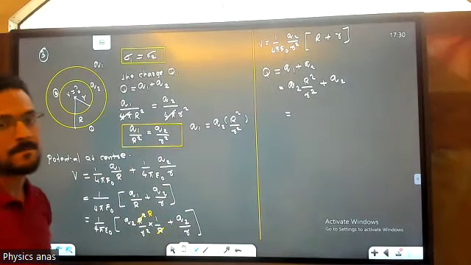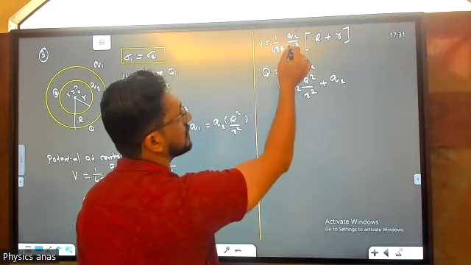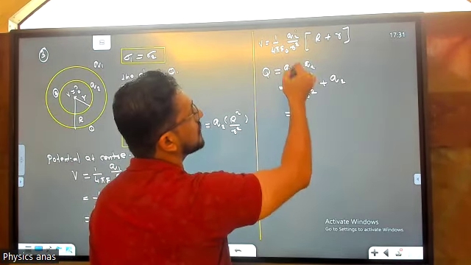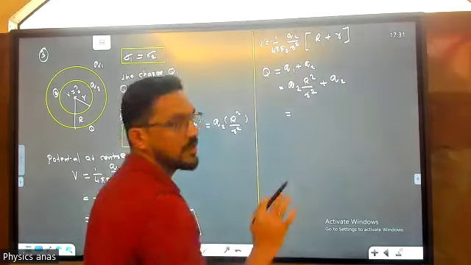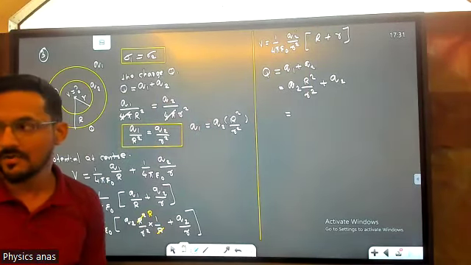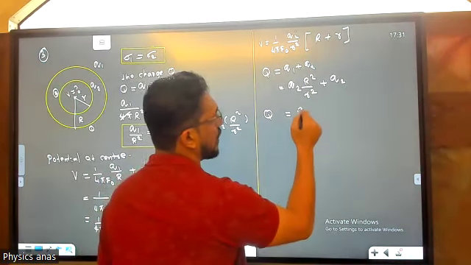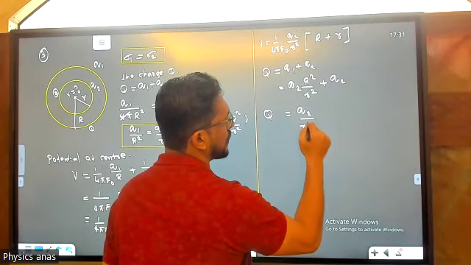Then how can you do that? You have Q2 by R square in it. You can take that out. There is Q and you are taking Q2 by R square from it.